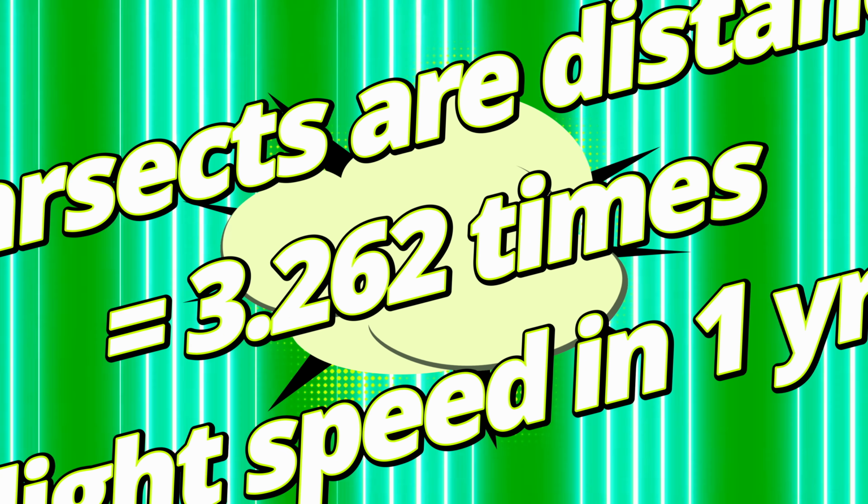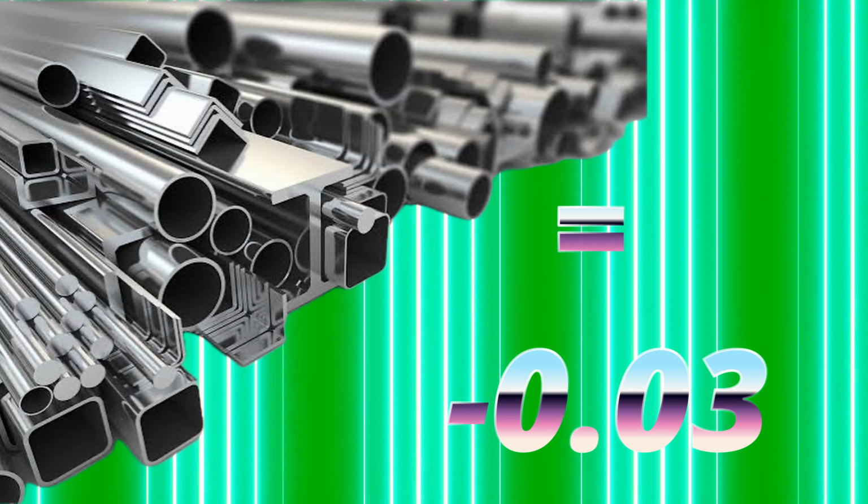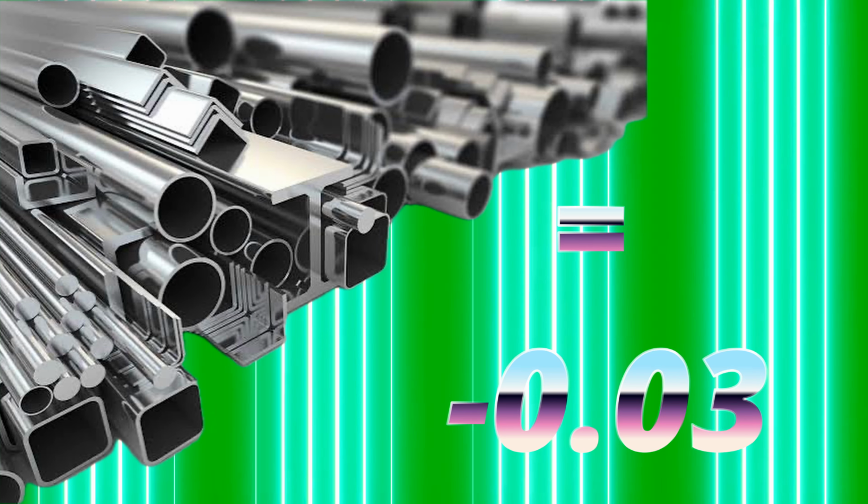Parsecs are a unit of measurement equal to about 3.262 light years. The speed at which the star rotates is all over the place. I'm going to go with 6.852 kilometers per second because it is very precise and the most recent. The amount of metal is negative 0.03, similar to most recent sources.